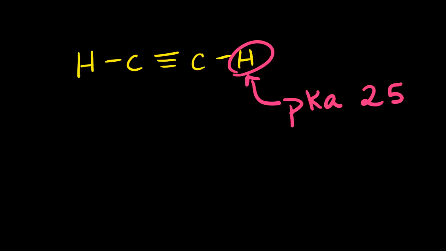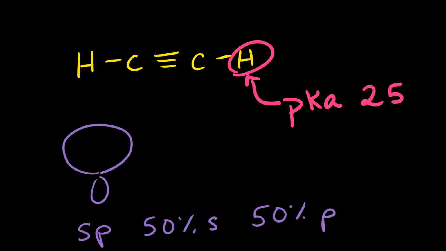So let's continue with this trend. When you have something like acetylene, where you have two carbon atoms connected through a triple bond, and there's a proton on one of those carbons, the pKa drops all the way to 25. Recall that a carbon atom involved in a triple bond is sp hybridized, meaning that the orbital is composed of 50% s and 50% p orbital.